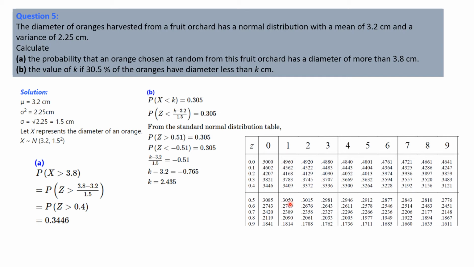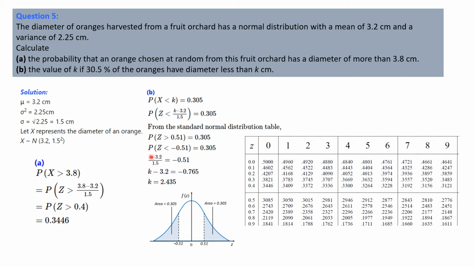If you refer to the table, you will have the value of 0.51, but because 0.305 is less than 0.5, it lies on the left hand side of the bell, so the value will be negative 0.51, because this is a symmetrical bell.